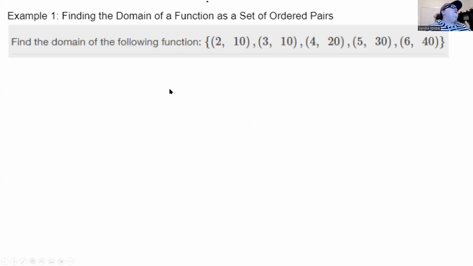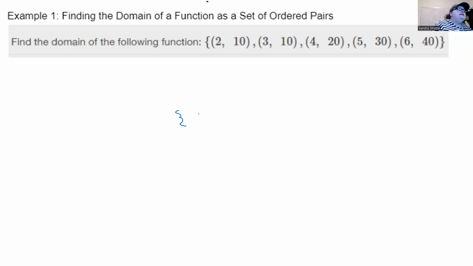So finding the domain of a function as a set of ordered pairs. Well, in 3.1, we were talking about how your domain is made up from a relation, from a set of ordered pairs. It's made up of the independent values, or the x values. So if we're finding the domain of given ordered pairs from this set, it's just the x values.